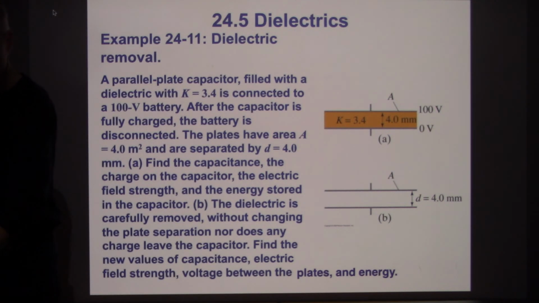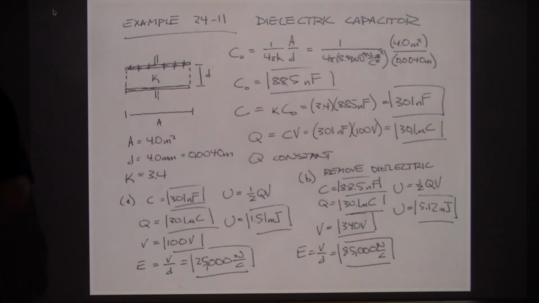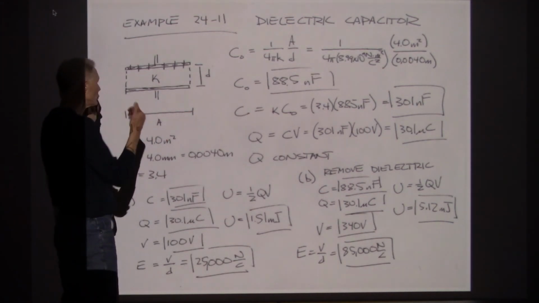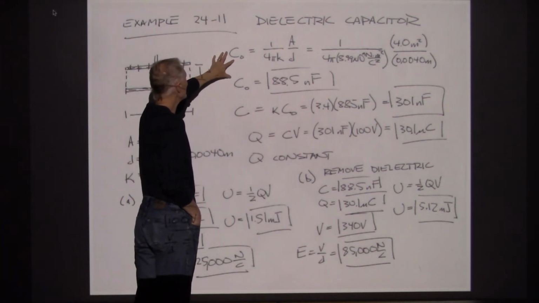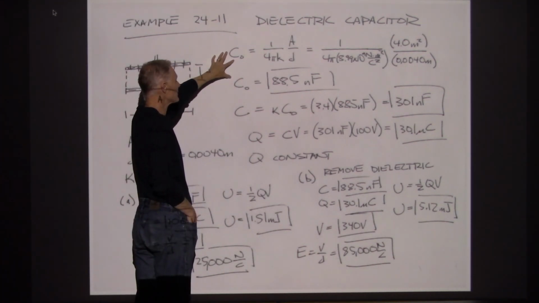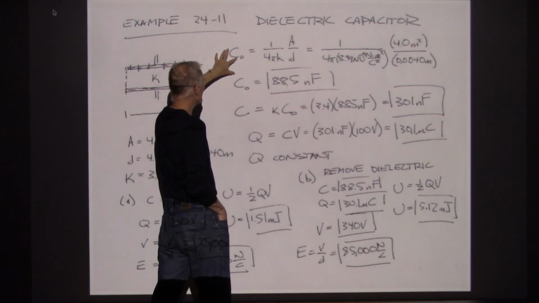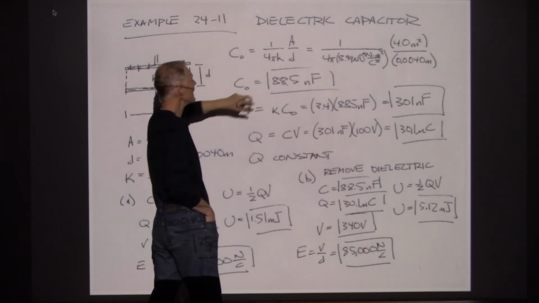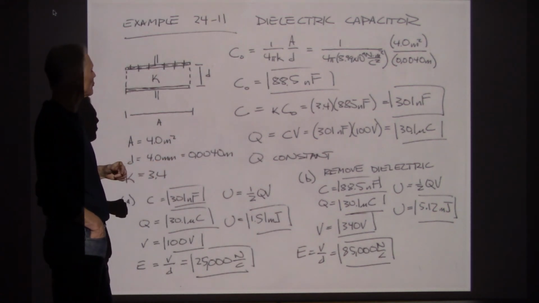So let's take a look at that. Let's think of this two ways. Let's first of all think of it as no dielectric present. With no dielectric present, the capacitance that we solve for here works out to be 88.5 nanofarads.